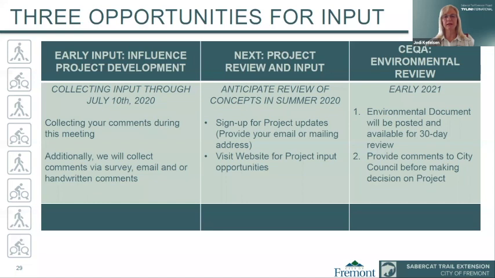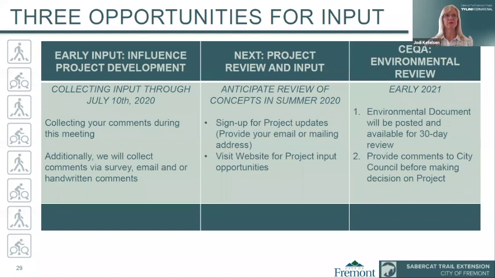And then we'll be coming back later in the summer with some of the concepts that Noel has created with our engineering team. So please do provide your email if you'd like to be invited, or if you already have, great, we will let you know when that meeting comes about. And the website will, of course, be posting these updates along the way. And then finally, later on in more like 2021, in the early January, February, March timeframe, we intend to have an environmental document for you to review and comment upon.